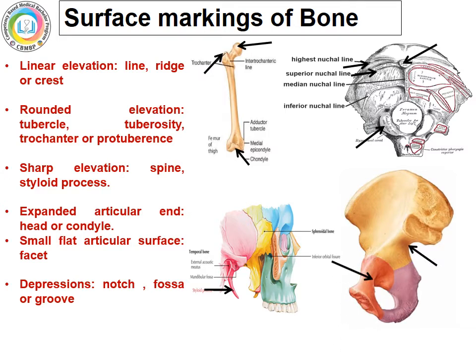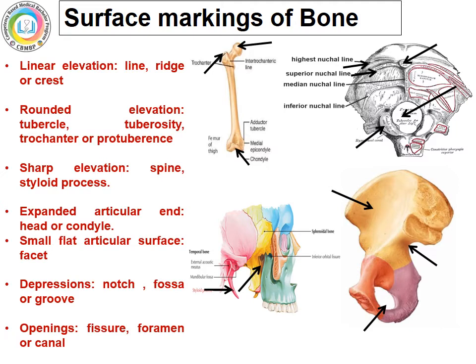It is called a notch. It may be a fossa, a wide depression, or a groove. Opening: I can see an opening in the bone, like a fissure separating two bones. It may be a foramen, like this and this, or a canal inside the bone. All these are surface markings, and we will discuss them in detail in the lab.